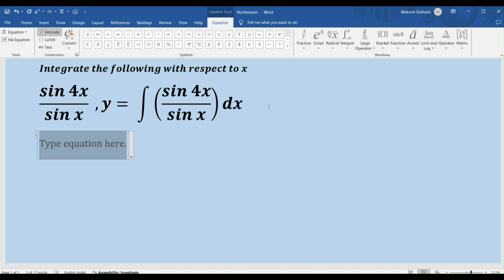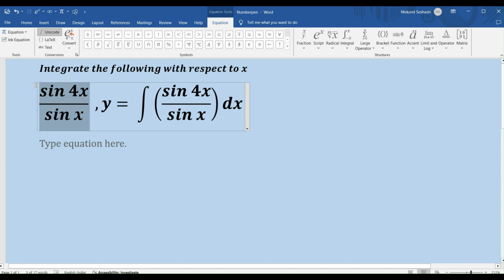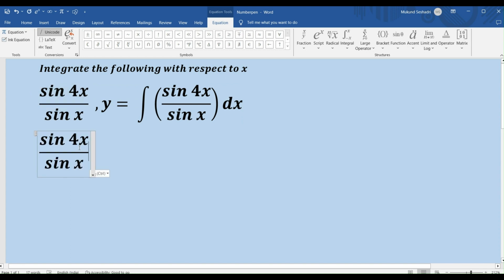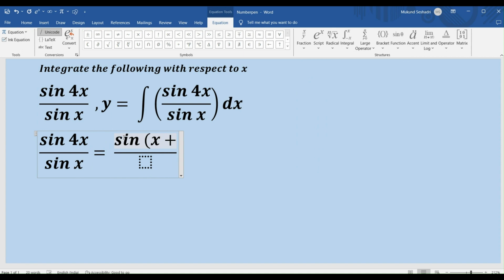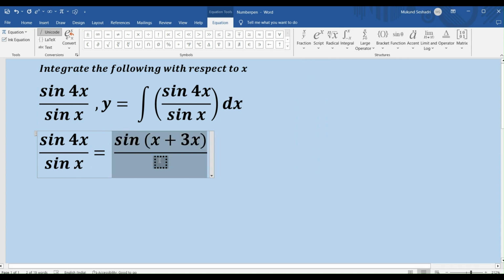So for a minute, I'm not going to touch y. I'm just going to touch the expression I have, sine 4x by sine x, right? So I'm going to write this like this. And I know that my 4x can be represented as x plus 3x, right? And I retain my sine x for now.